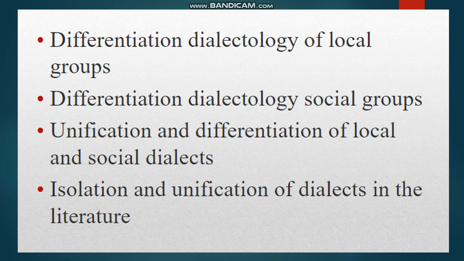Even in the United States, you can notice that from one state to another, they have a different kind of accentuation of the English language. So apparently you're going to see differentiation of the dialects of local groups, social groups, and social dialects as well.